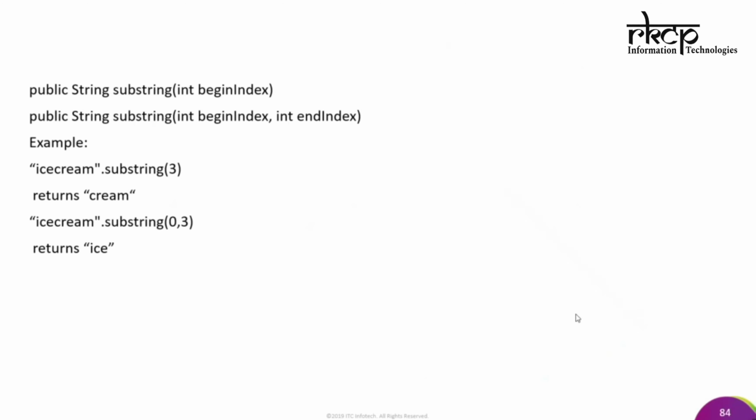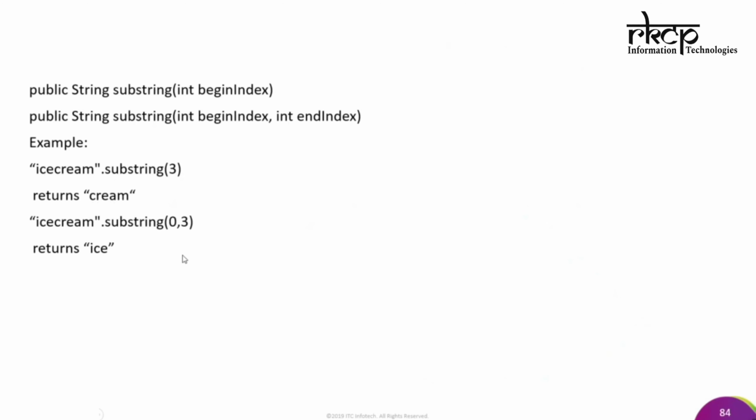If you see one example, you have ice cream and you want substring 3. Substring 3 means from 3 onwards. On 0 position you have I, on 1 position you have C, on 2 position you have E. Then from the 3rd position, what will come? Cream. From the 3rd position onwards, whatever remains will come.